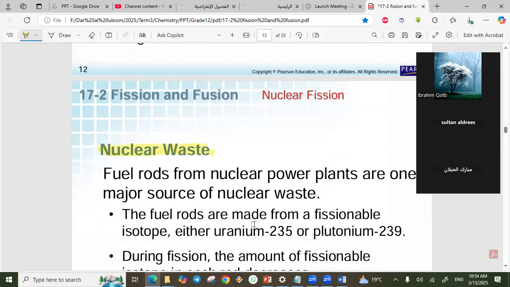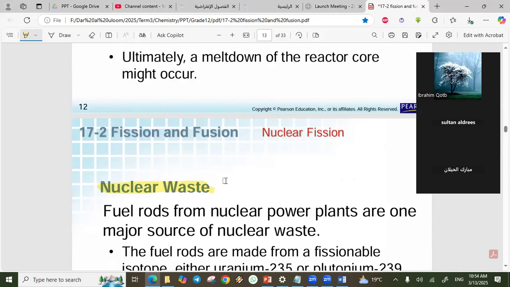There is a big disadvantage of nuclear energy: nuclear waste. As you know, guys, the nuclear waste produced from nuclear reactors is very dangerous for animals, plants and humans. Why? Because these wastes emit particles and radiation that can damage health and plants as well.